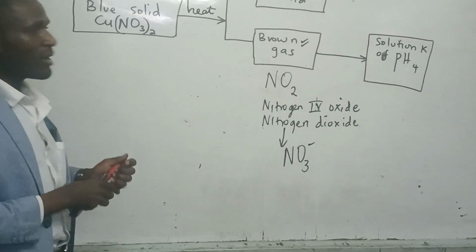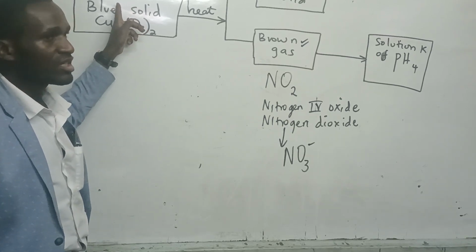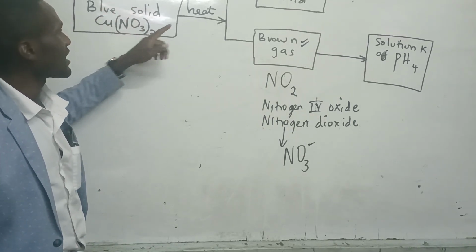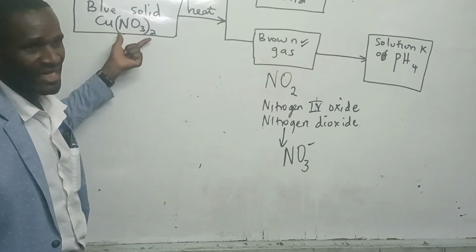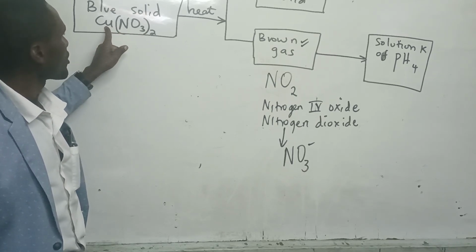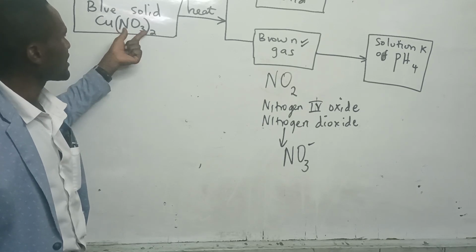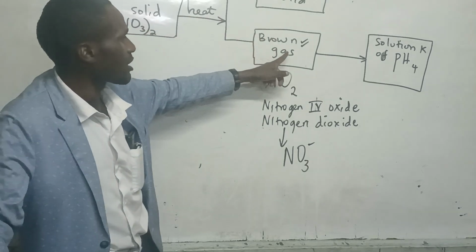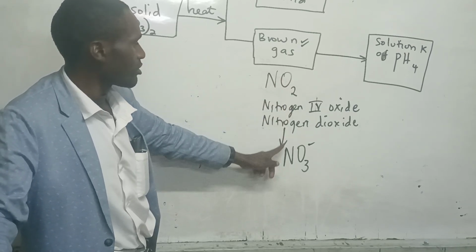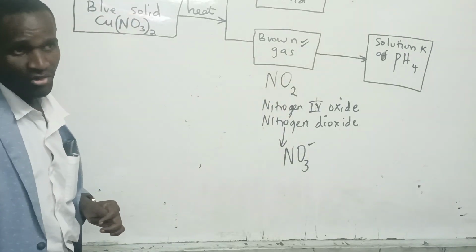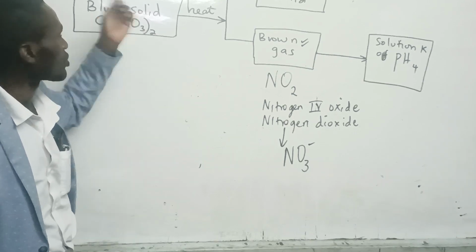So the compound, which is the blue solid, in this first chamber has undergone heating, and this compound is copper 2 nitrate. Copper because of the blue appearance, and the nitrate because one of the products is a brown gas, which is nitrogen dioxide, having obviously come from a nitrate as a radical, which is very important in the formation of compounds.